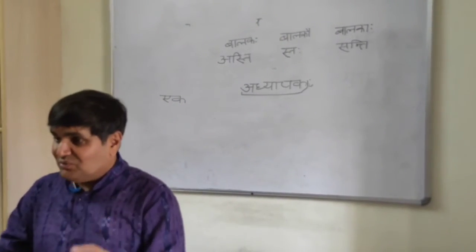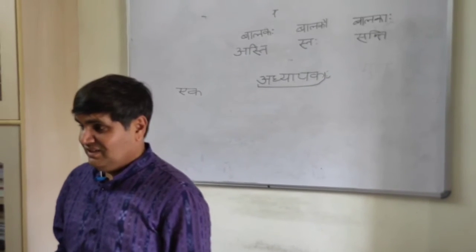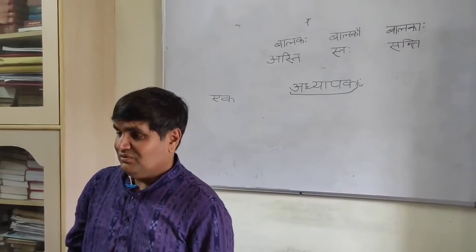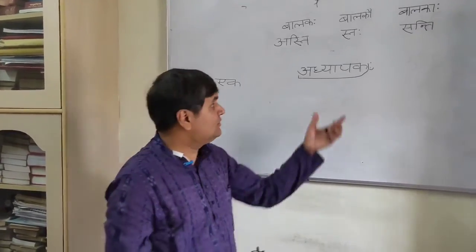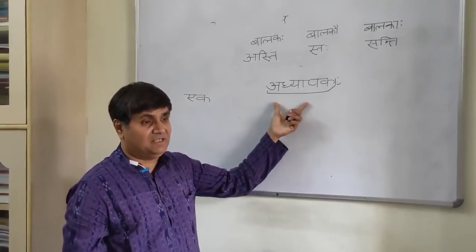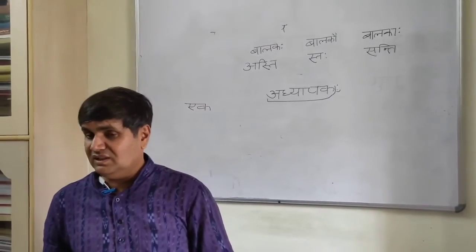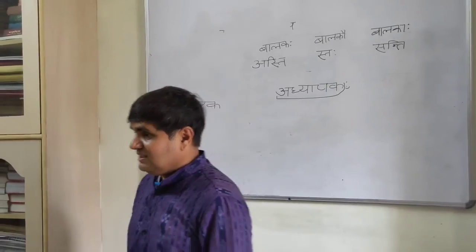There are actually two independent entities, when the teacher is there and when oneness is there. So one teacher. So how to pronounce it? Adhyapakah. So now tell me how to say the teacher is. How to say?